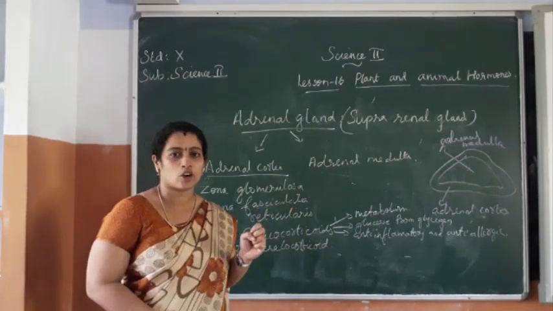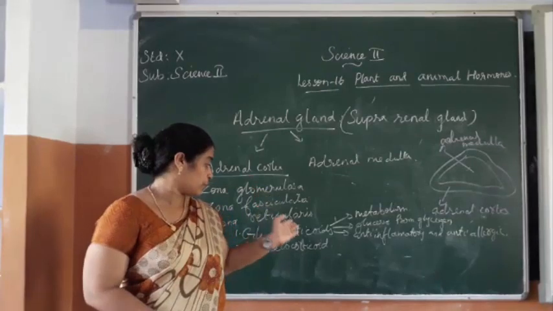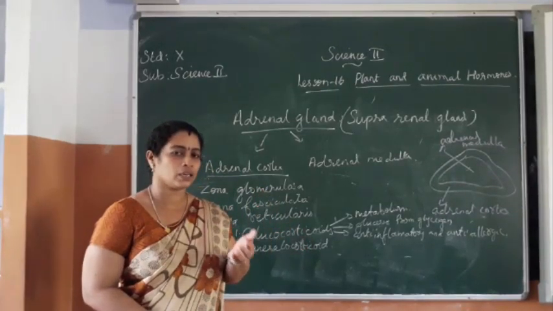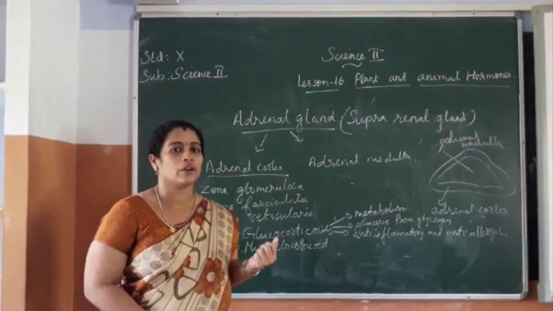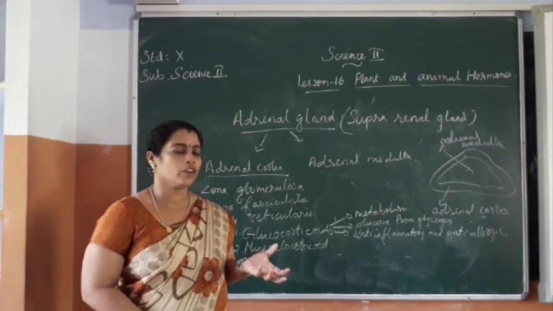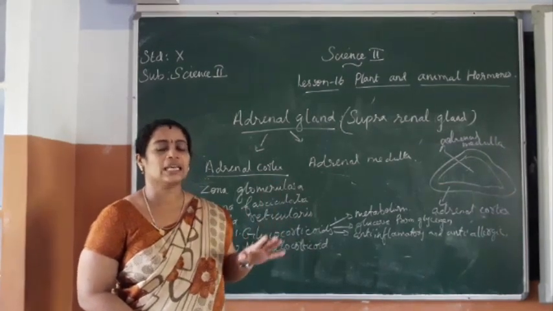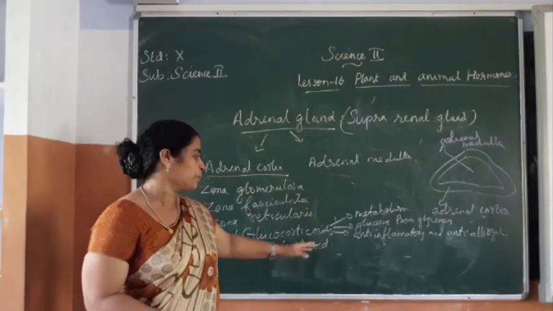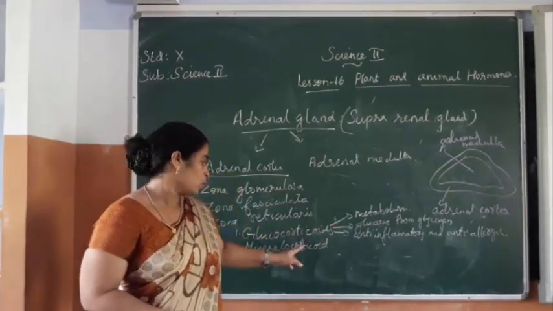Inflammation means swelling in our body. If glucocorticoid is present in our body, it acts as an anti-inflammatory, so inflammation will not affect our body. Then anti-allergic, it acts against the allergic conditions of our body. So these are the three functions of glucocorticoid.